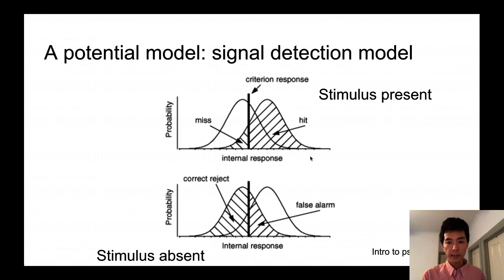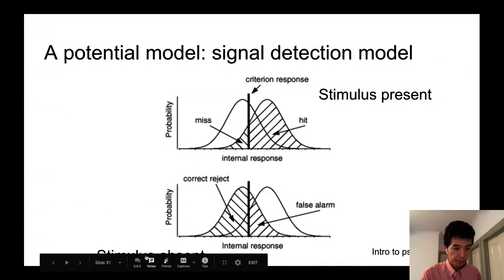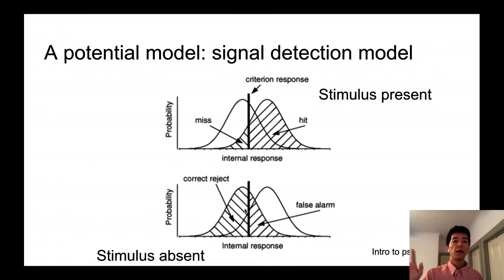You are saying yes to a stimulus present trial. And if you're saying no, then that corresponds to a miss. When the stimulus is absent, let's say you have this type of distribution shifted to the left. You say no if it's below and yes if it's above, and here you obtain the correct rejection and false alarm. So this is one particular model of your conscious detection.